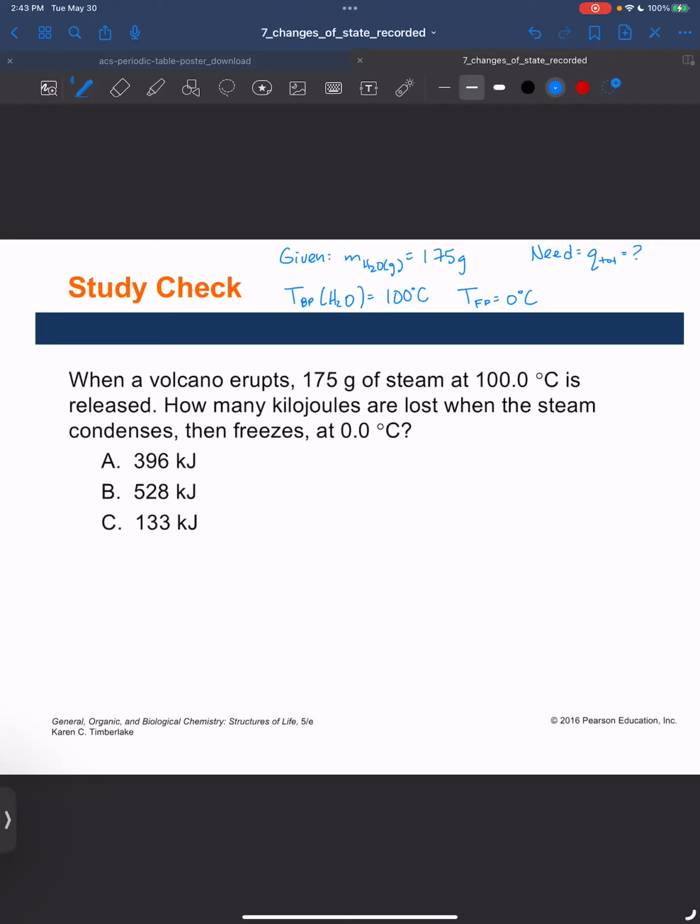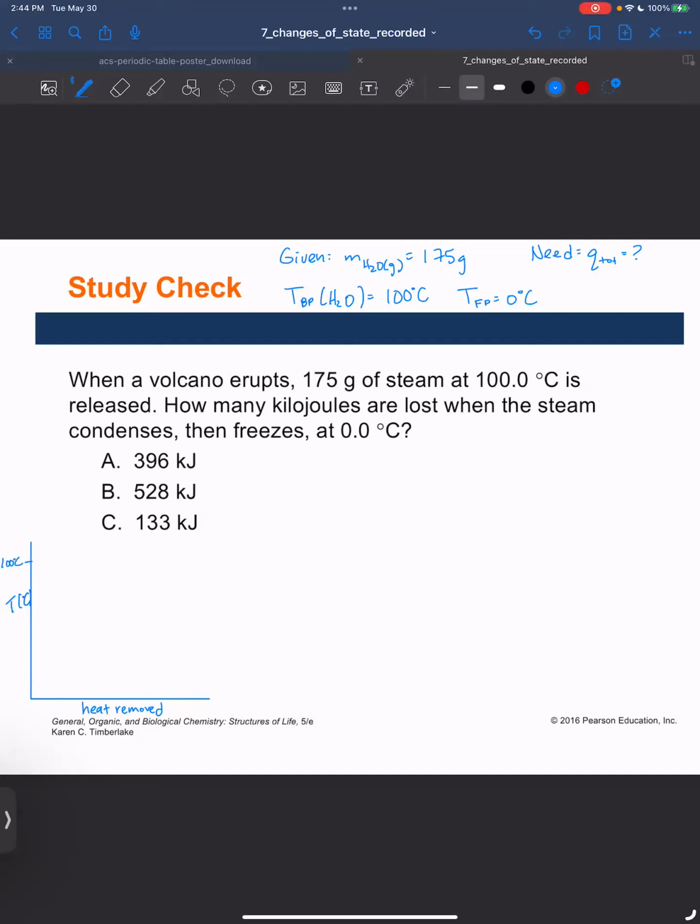All right, once again, this sounds like a cooling curve because initially it's really hot. So let's go ahead and draw our cooling curve so we can see how many different types of calculations we might need to do. Temperature is on the y-axis. And because this is a cooling curve, heat is removed. It looks like we are at 100 degrees Celsius to start with.